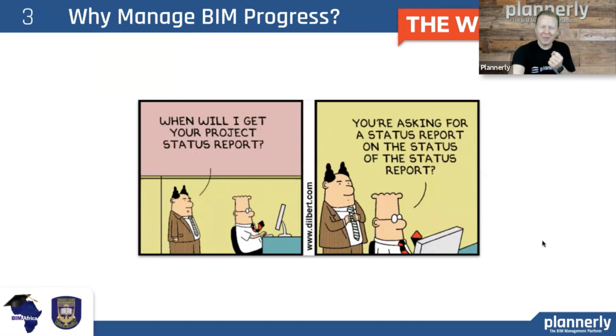And then when we look at managing those tasks and trying to gather status reports for all of those tasks, it's a real challenge. So when Dilbert comes in with this, when will I get your project status report? That's the boss asking. And you're asking for a status report on the status report of the status report. And it's very time consuming for teams to always keep providing updates for people.